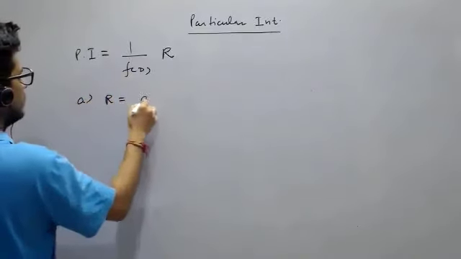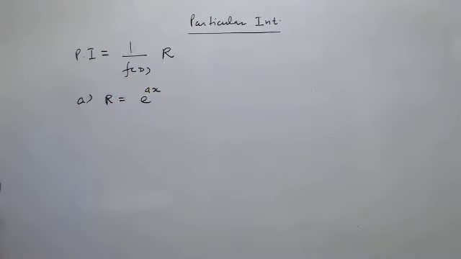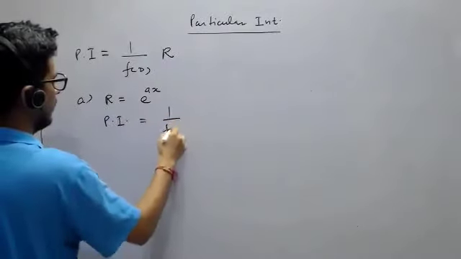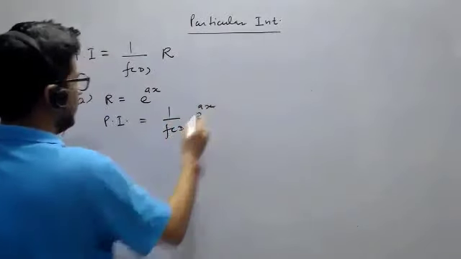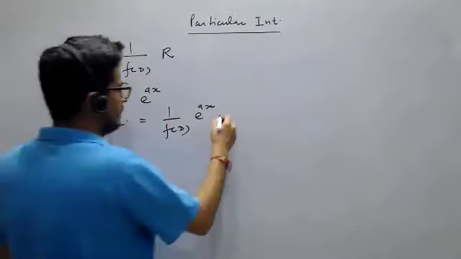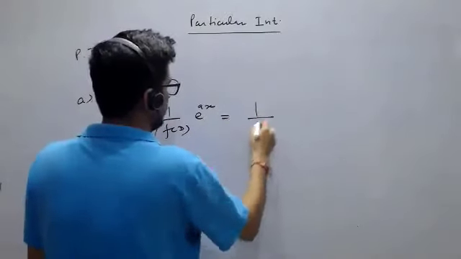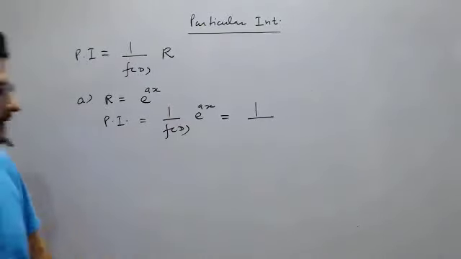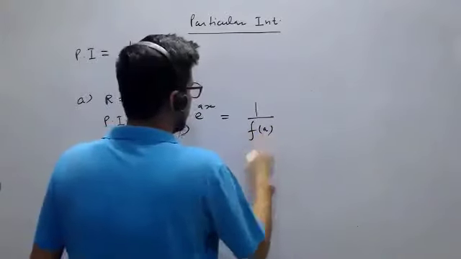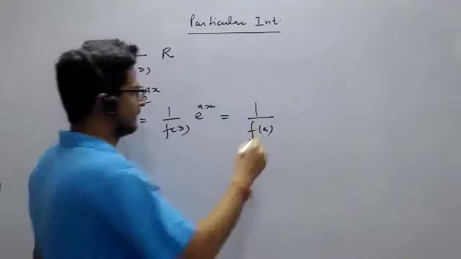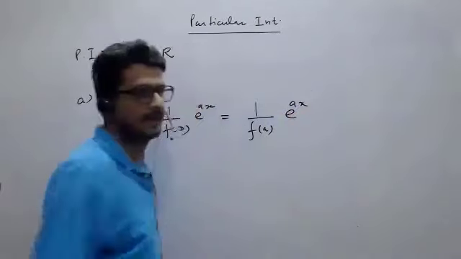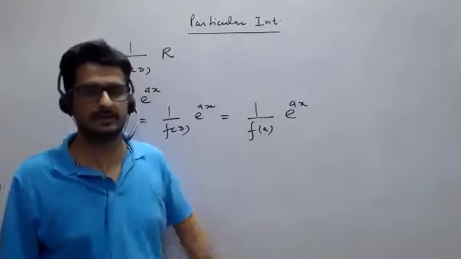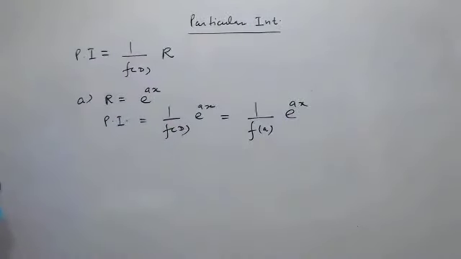If R is some exponential function, then the particular integral will be equal to 1 upon f(D) e to the power ax, and this value is 1 upon f of a. That means D will be replaced by a, and e to the power ax. This will be the particular integral. So finally in the particular integral, D has to go, so it will go in this way. D is equal to a.